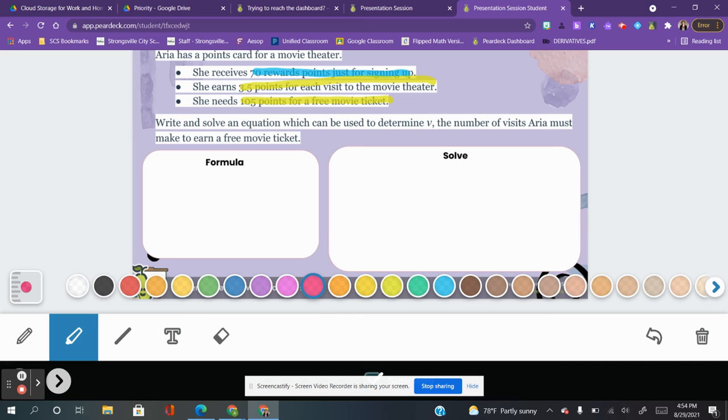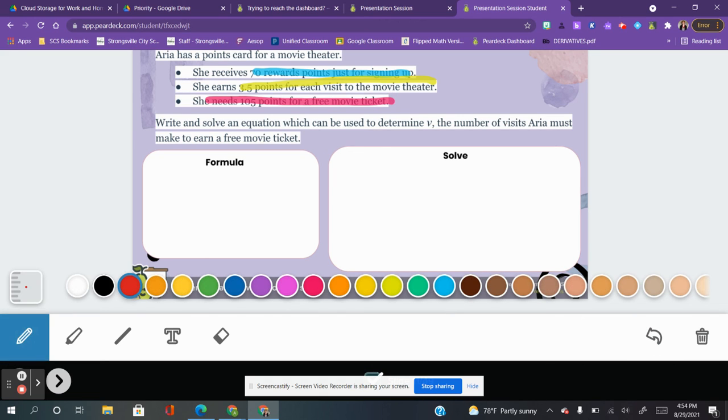That sounds to me like a total. So if I were to go back and label things like I labeled in the last one, this sounds like a one-time fee, this sounds like it's every visit, and this looks like a total before I can get a free ticket.